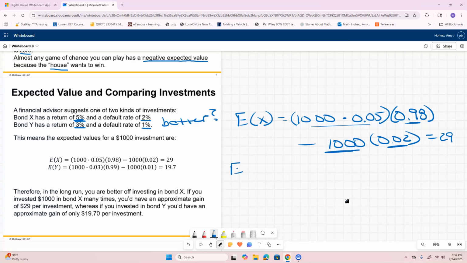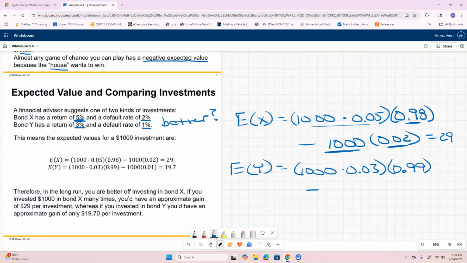Whereas with Y, we still have our $1,000, but our return rate is 3% instead of 5%. And that happens more often. That happens 99% of the time, because a 1% default rate means 99% not default.